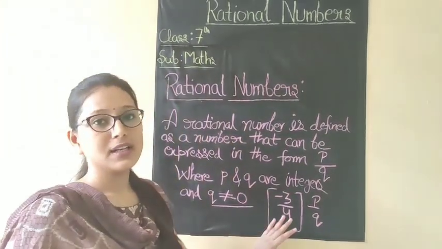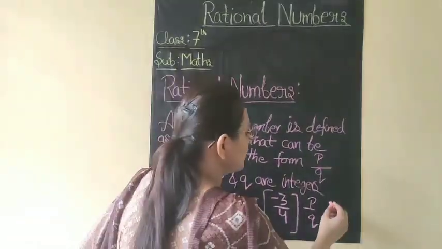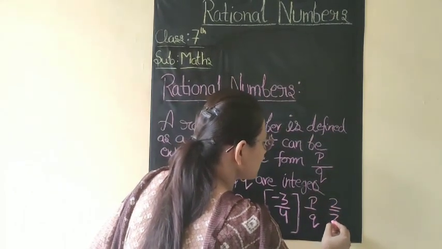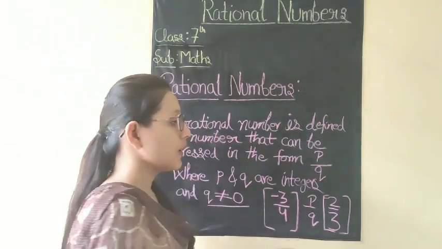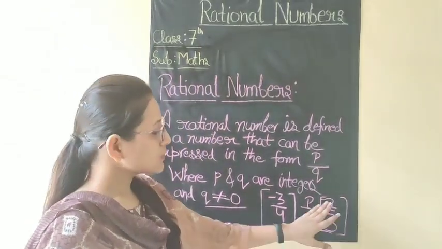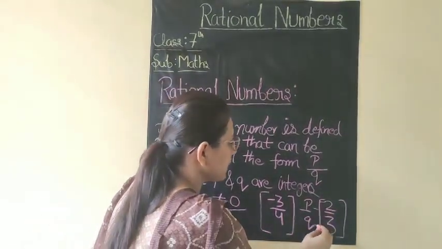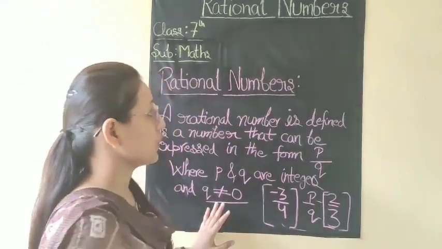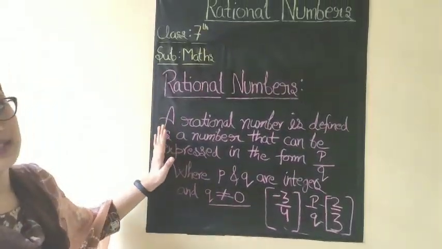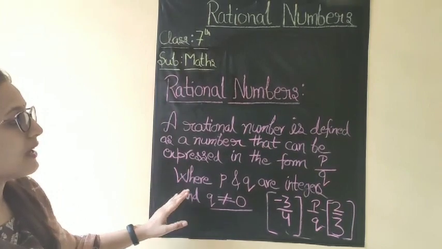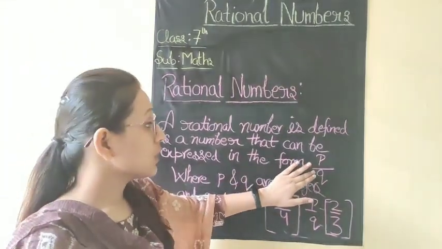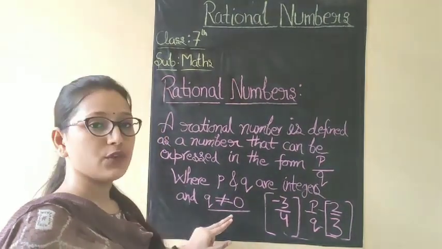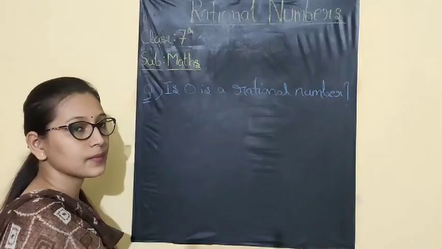And similarly, the number 2/3 is also called a rational number because this is also written in the form of p/q. So, rational numbers are the numbers which can be expressed in the form of p/q, but q is not equal to 0.